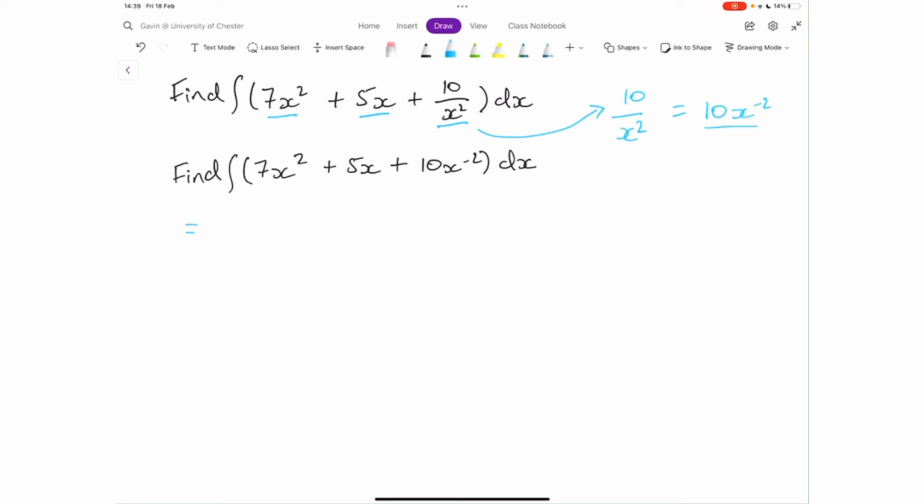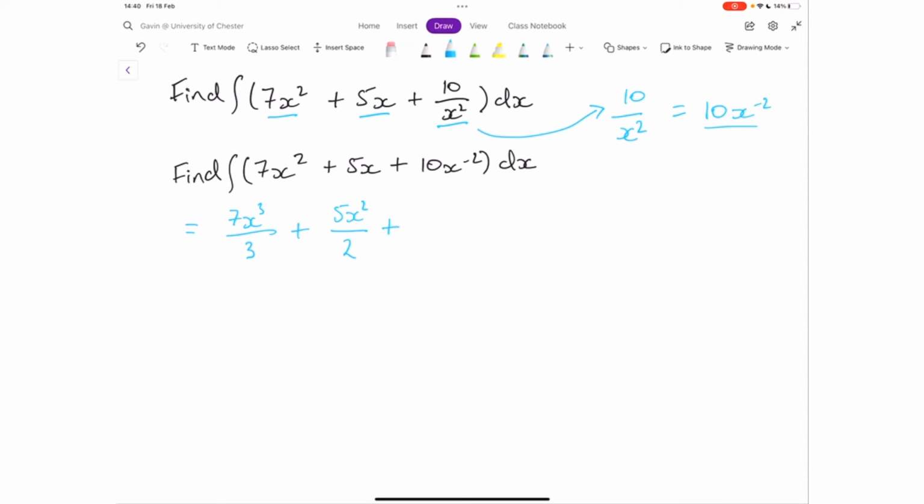Now let's deal with each of these terms individually. The 7x squared bit initially, I'm going to add 1 to the power and divide by the new power. So that becomes 7x cubed divided by 3. Plus, add 1 to the power now. That's going to become 5x squared divided by the new power, 2.